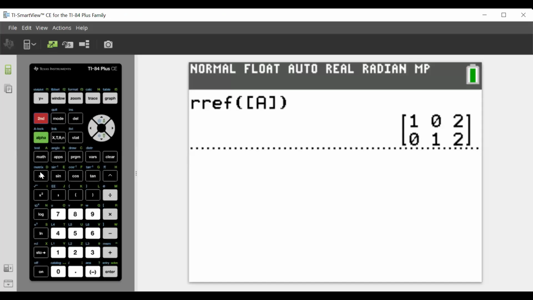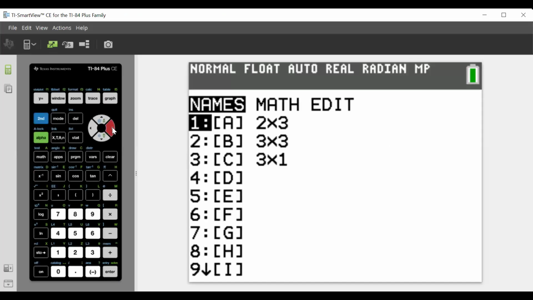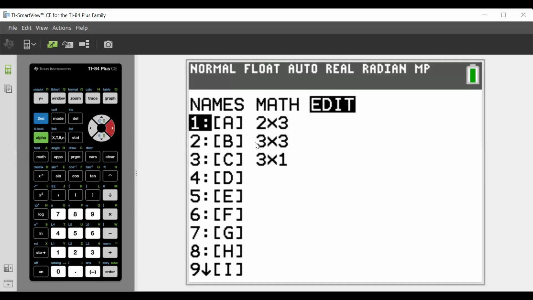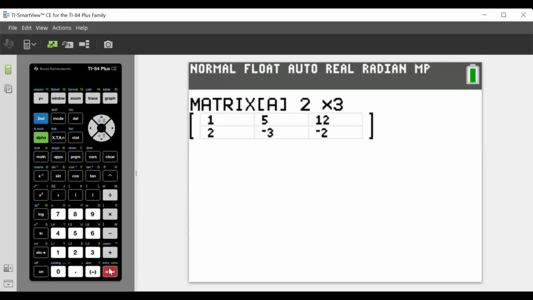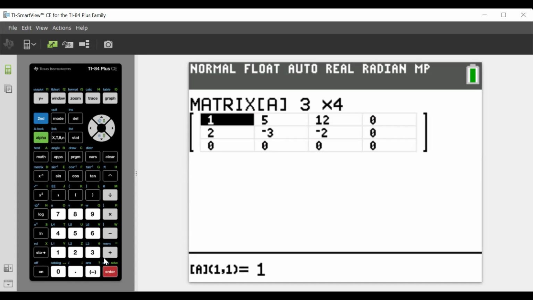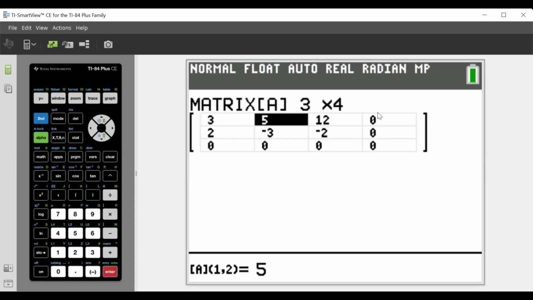Okay. So now we've got all this, and so now we go back to our calculator, and let's go second matrix, edit. Now we can put it into A or B or C. We just have to remember what we do. So I'm going to go ahead and just use A again. But now it's going to be a 3 by 4. It's going to be bigger. So now we have a 3. And when you hit enter, it just takes you across the row. So you can just type your row in and you don't even have to look and see where it's going.